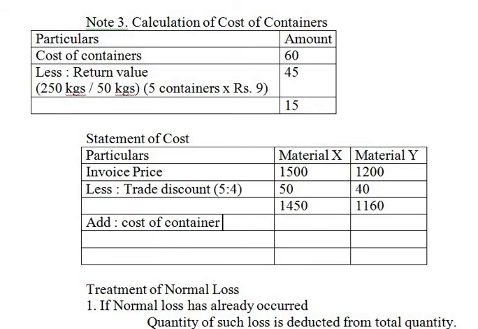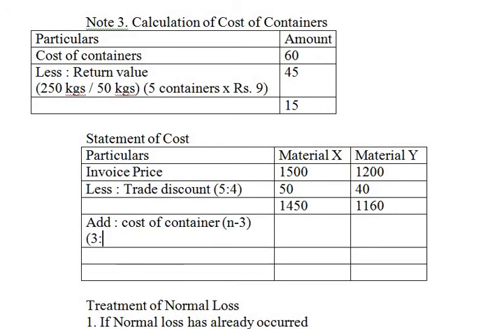Already we have calculated this, note number 3. So it is 15. This has to be distributed in the ratio 3:2, so that will be 9 and 6.